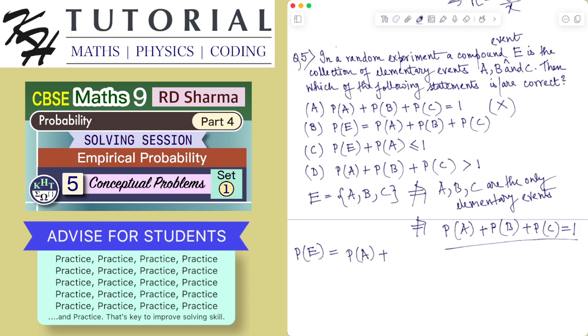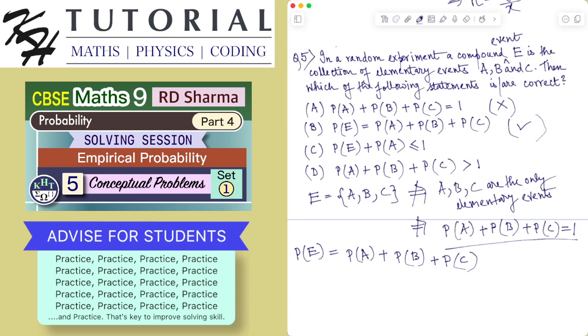Probability of E should be equal to probability of A plus probability of B plus probability of C. This is by definition, because the collection of elementary events A, B and C is defining the compound event E. So definitely choice B is correct.